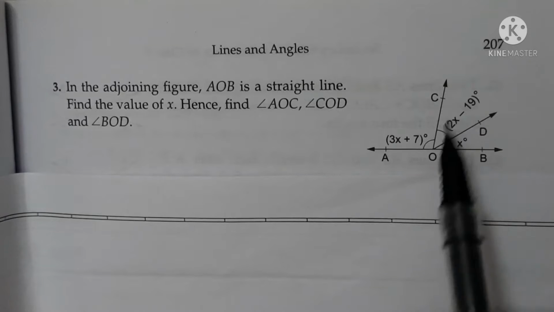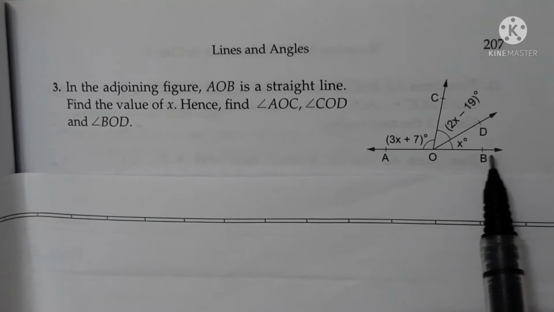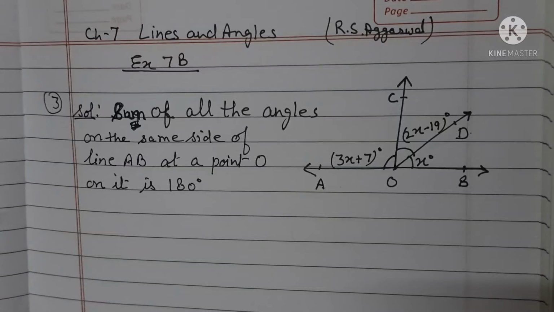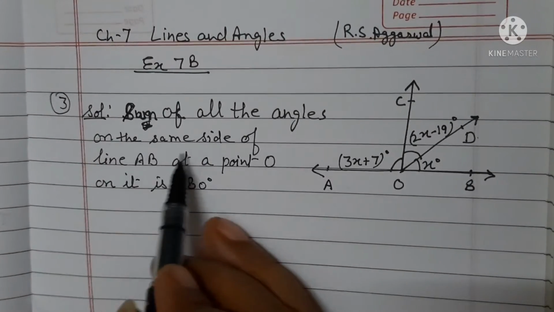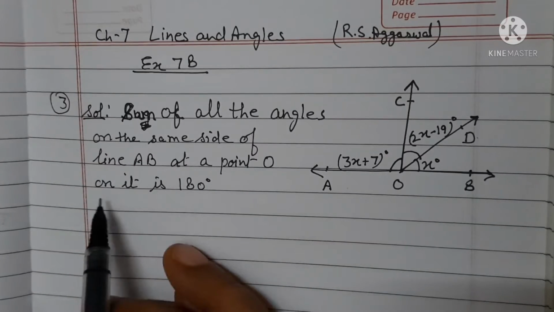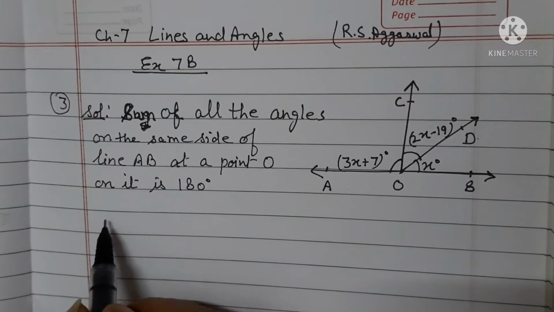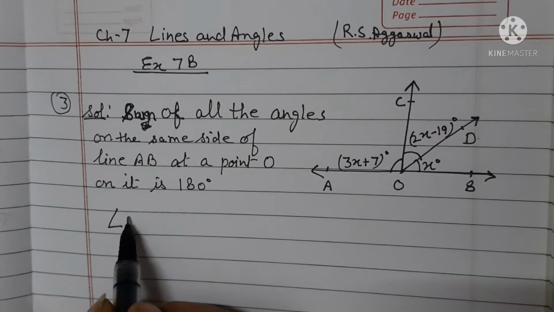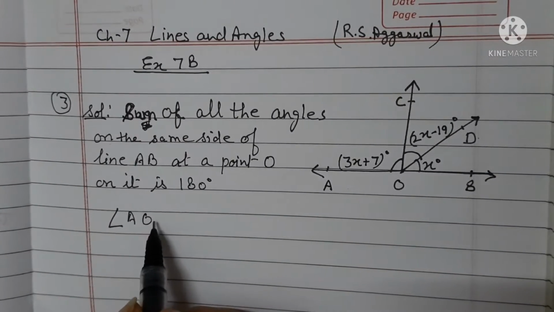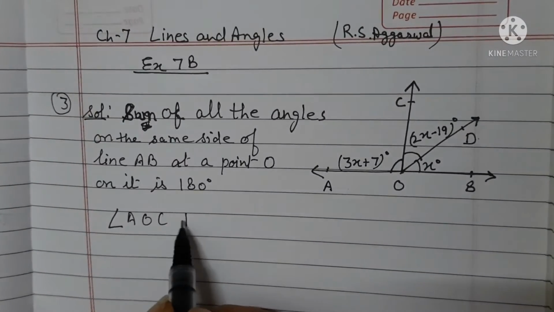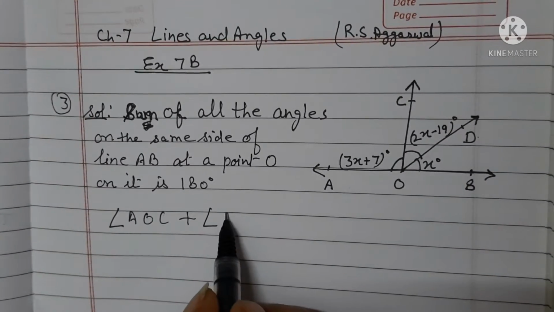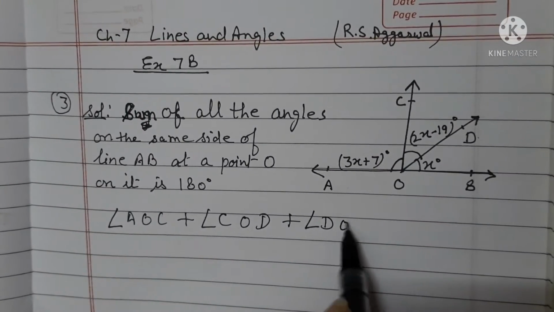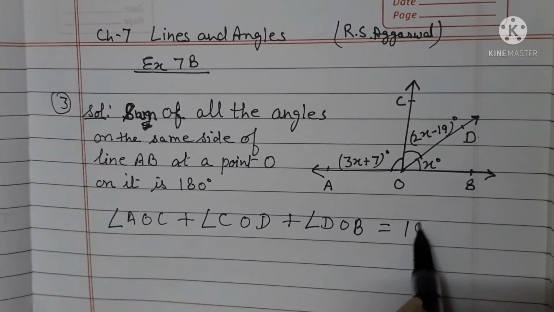OC is a ray standing on a line from the point O. Now the sum of all the angles on the same side of line AB at a point O on it is 180 degrees. So write angle AOC plus angle COD plus angle DOB is equal to 180 degree.